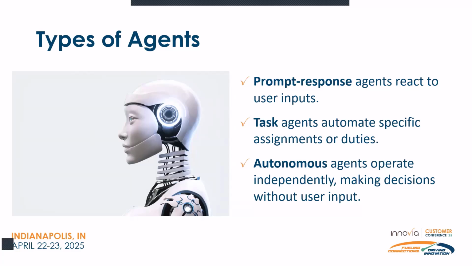It might perform that task on a specified schedule that you give it, or when some event happens, like an invoice is posted in Business Central or a record is created. Those are just a couple of examples. So those are your types of agents.